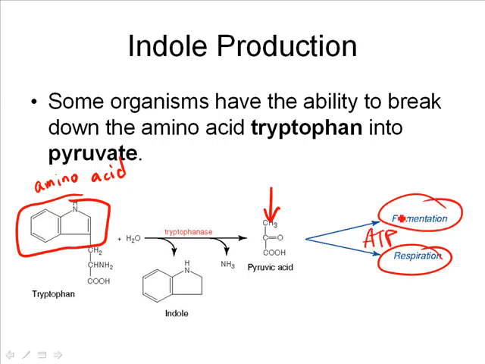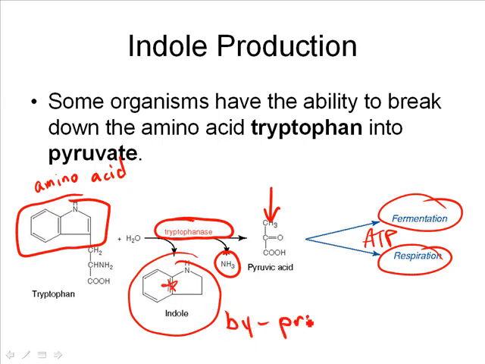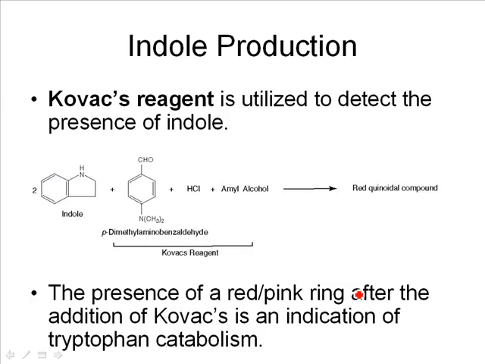Now, in order to convert tryptophan to pyruvic acid, the enzyme tryptophanase both deaminates the amino acid, which means it produces ammonia, and then also removes that indole group. So if the organism has the ability to convert tryptophan to pyruvate, indole is often considered a byproduct of that process. So now we can look for the presence of indole using what we call Kovacs reagent.